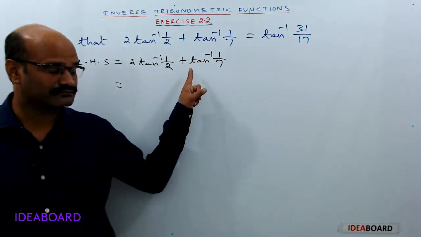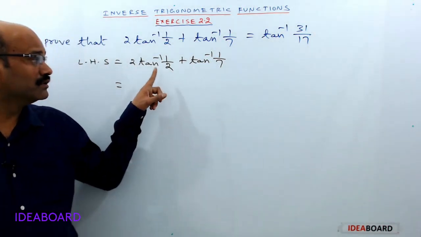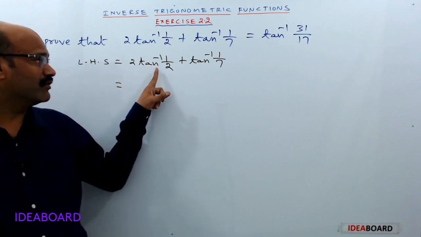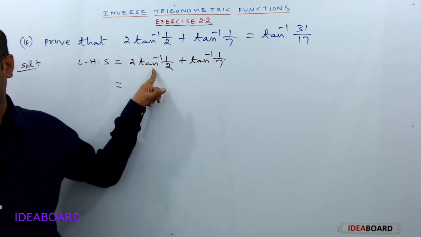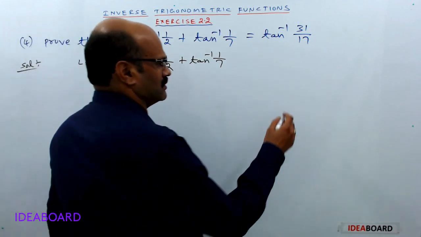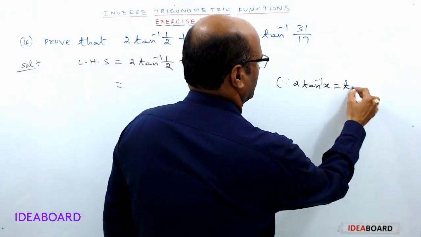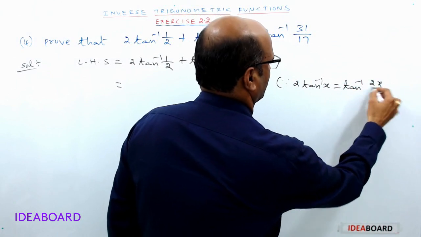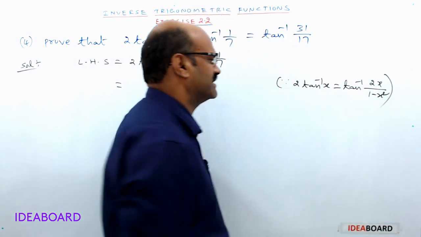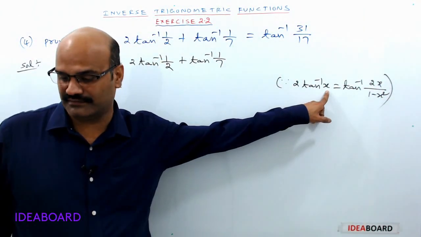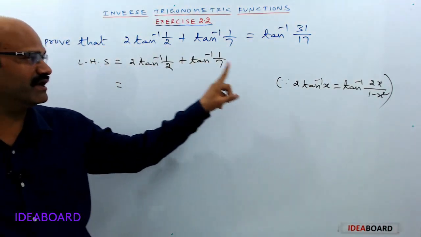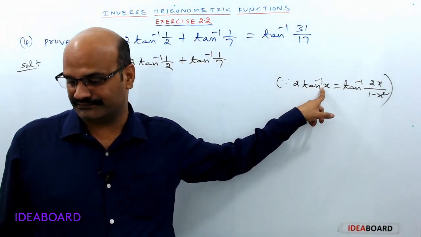Here we have to take the formula for 2 tan inverse x, equal to tan inverse of 2x by 1 minus x square, when x lies between minus 1 and plus 1. Clearly 1 by 2 lies between minus 1 and plus 1.